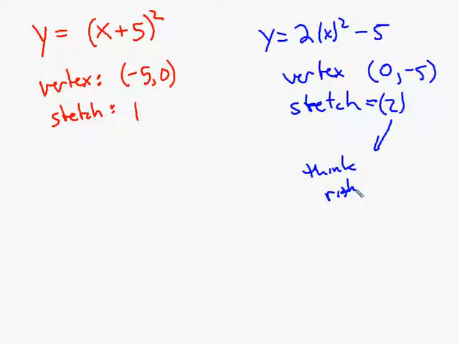So how we use this is we think, write 1, square it, right, because it's squared. So I get 1, and then times the stretch. And I get 1 times 2, that's 2.